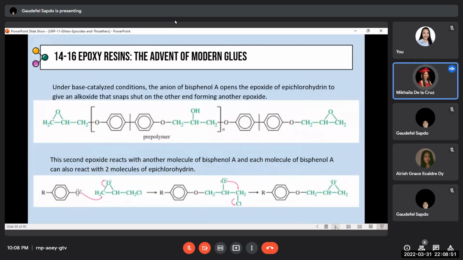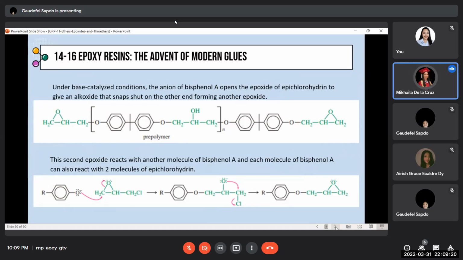This second epoxide, shown in the picture, reacts with another molecule of bisphenol A, and each molecule of bisphenol A can also react with two molecules of epichlorohydrin. With exactly equal amounts of bisphenol A and epichlorohydrin, this polymerization would continue until the polymer chains were very long and the material would be a solid polymer.